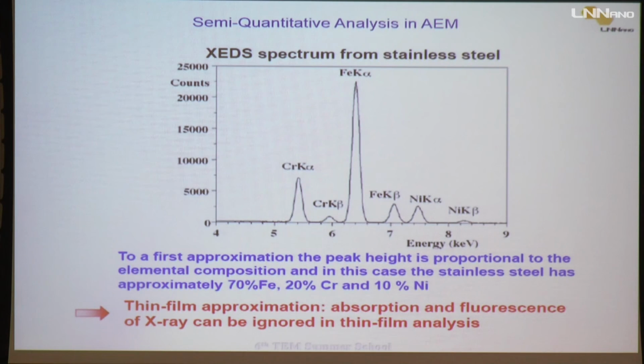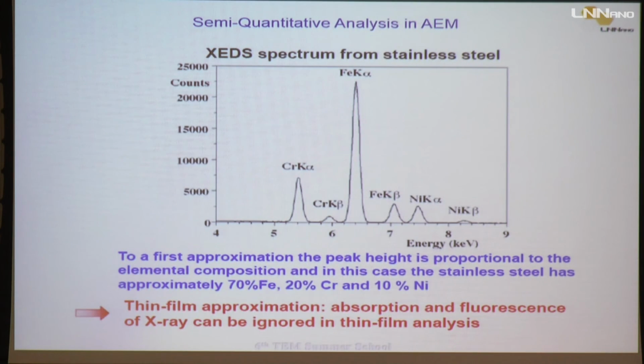Because with EDS you always have a large uncertainty in your quantitative results, and just by measuring the height of the peaks and comparing them, you have a good approximation of your composition. Then you can run in this way.